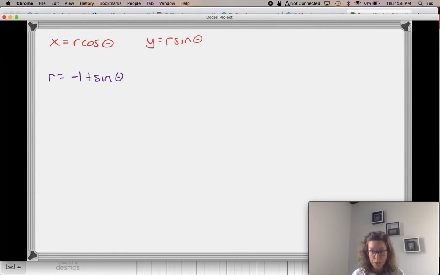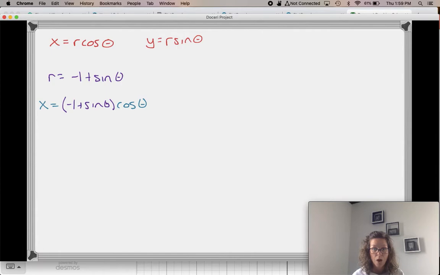Okay, so I'm going to take this equation and turn it into an x equation. So x is equal to r cosine theta, which is (-1 plus sine of theta) cosine theta. That's our conversion equation with x's and r's and thetas.